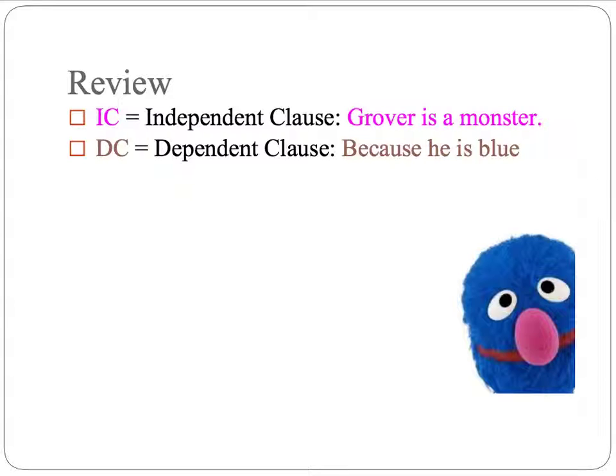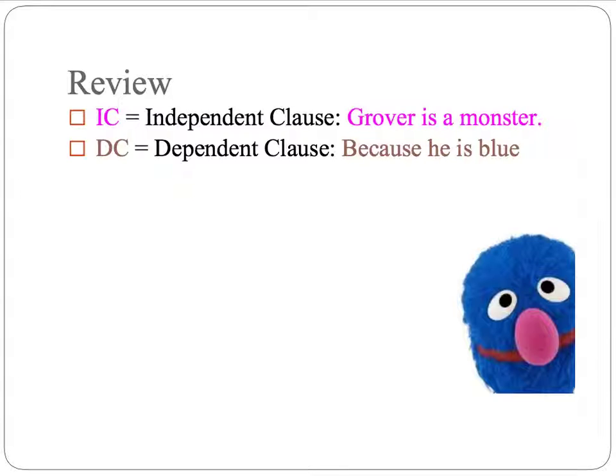Okay. First, we have independent clauses, which we abbreviate as IC, and we have dependent clauses, which we abbreviate as DC. "Grover is a monster" is an independent clause because that sentence can stand by itself.